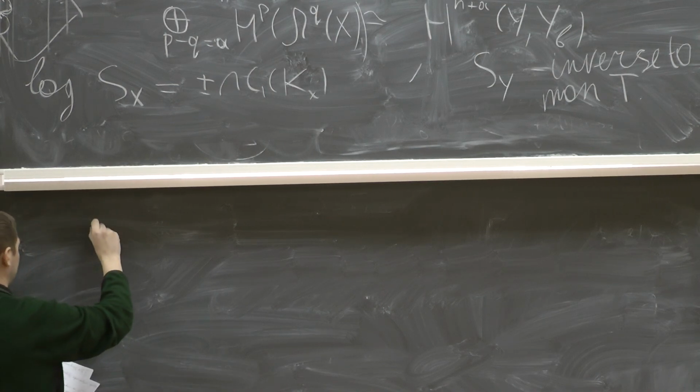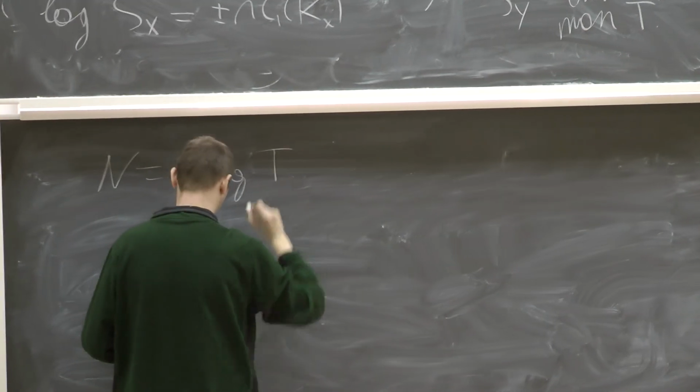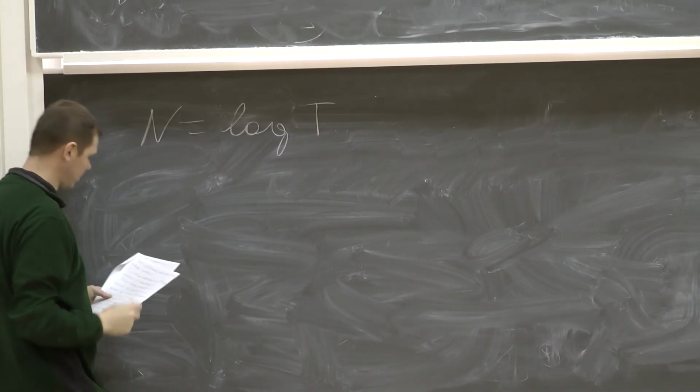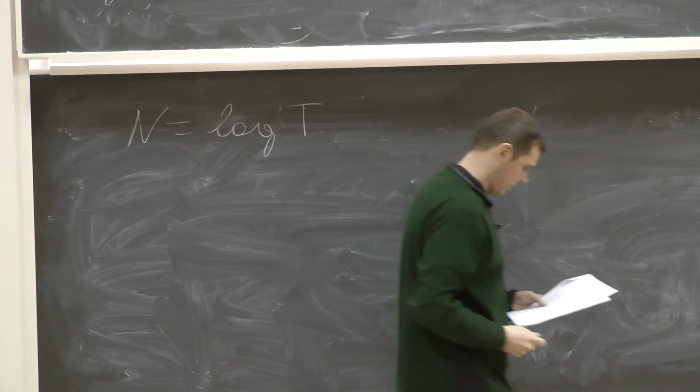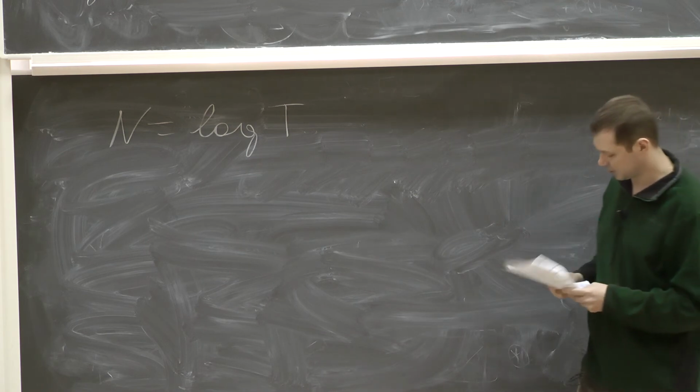We define N to be the logarithm of T. Indeed, classically this logarithm of monodromy defines the weight filtration in relative cohomology.